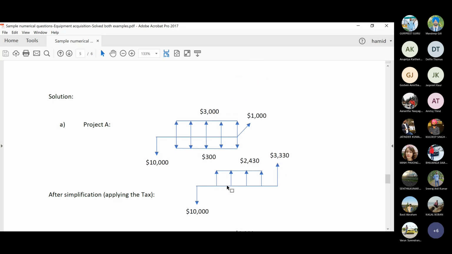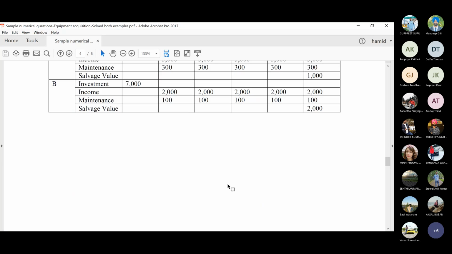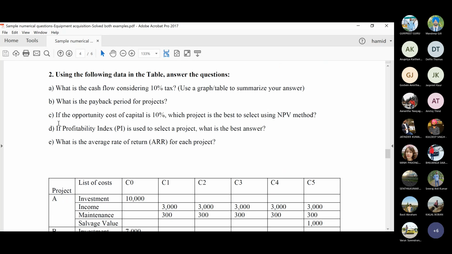And the next thing that we need to consider is, if the opportunity cost of capital, or I, is 10%, which project is the best using the NPV method?